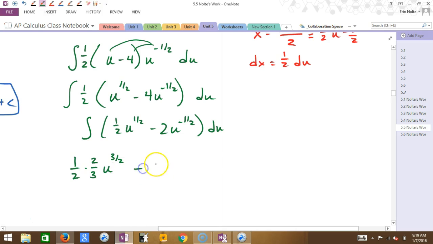I'm going to pull the 2 and just integrate u to the negative 1/2. What's the integral of u to the negative 1/2? If it's u to the 1/2 divided by 1/2, that's the same as multiplying by 2, so times 2 u to the 1/2. Then we got our plus c.